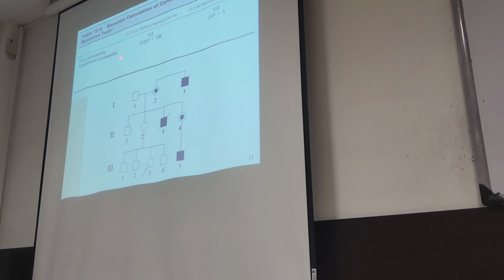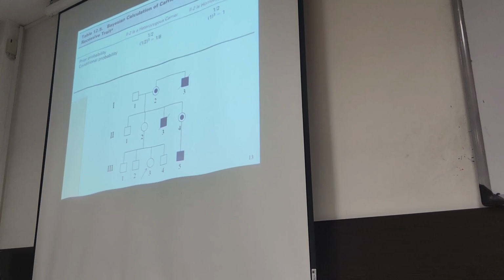This is conditional probability. Individual 2 has 3 unaffected boys, okay? 3 unaffected boys. This is conditional probability, okay? Based on the number of offspring or genetic test or other new information, okay?